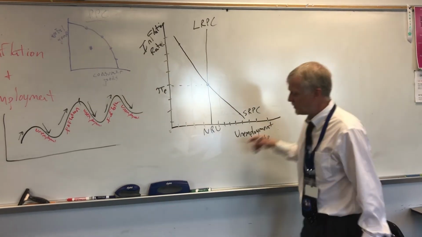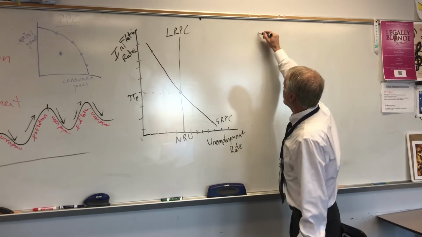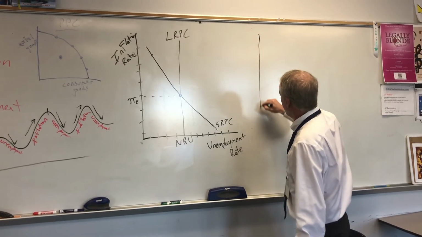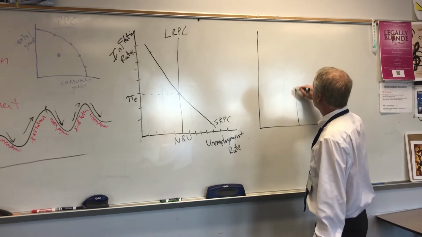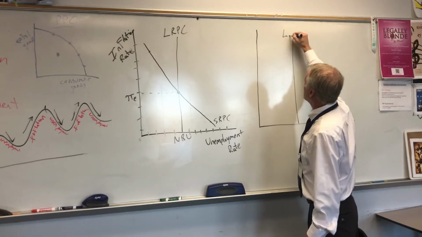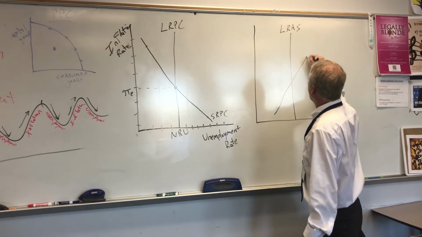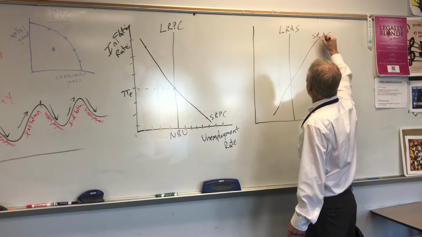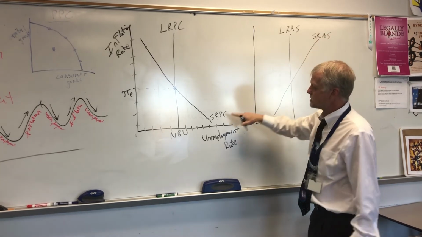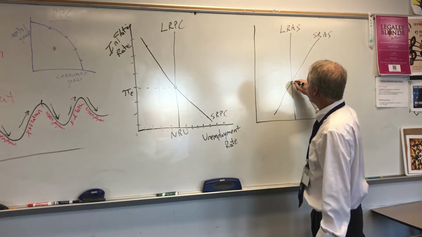This Phillips curve is very similar, we already know, to our long-run aggregate supply, aggregate demand, short-run aggregate supply curves, to the point that, for all intents and purposes, the SRAS and the SRPC are mirror image curves. They are representing the same thing.